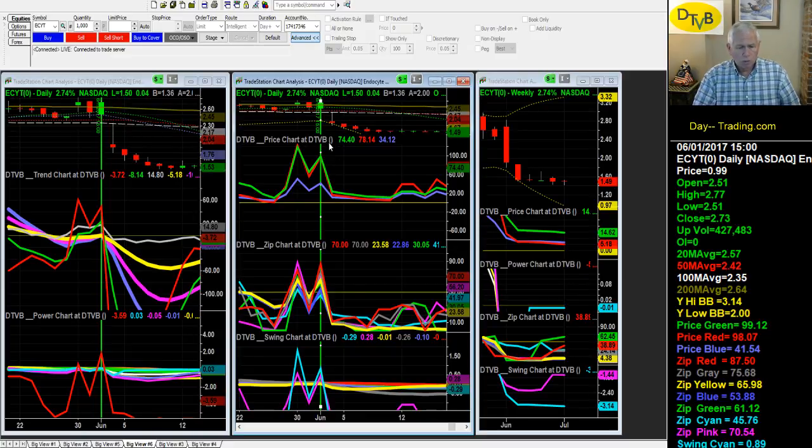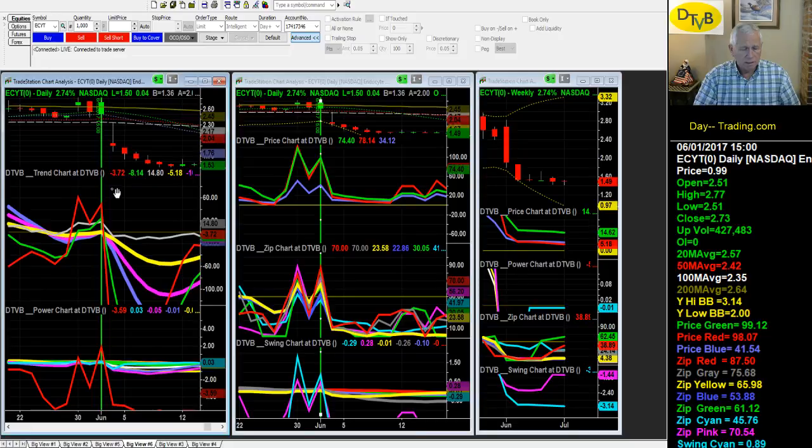And so I want to show you the reasons behind that move. The key thing right here is in the trend chart, and these are probably my favorite pair that are divergent. Trend red is in a high M lower pattern, and it's a high M higher pattern in PowRed.